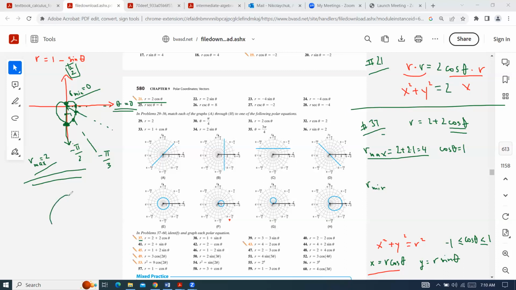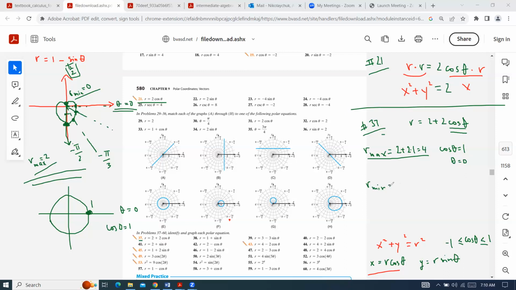So when cosine is equal to 1, for what angle? Remember, the angle is 0, right? When theta is 0, then cosine of 0 is equal to 1. So that corresponds to this point on the circle. So the angle is 0.